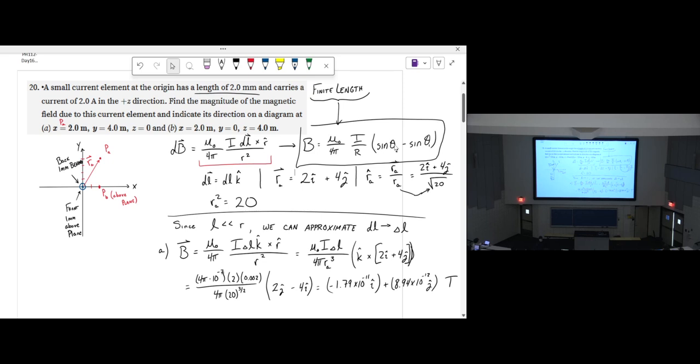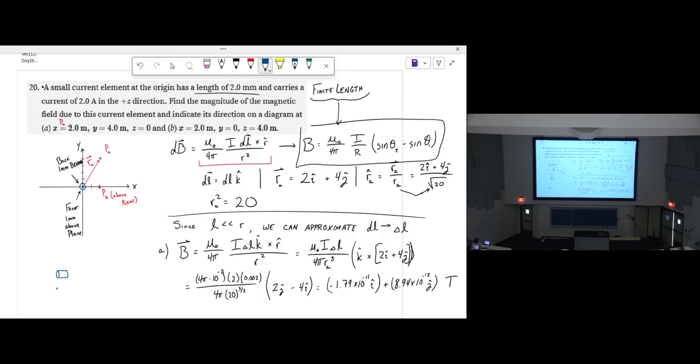It would have been hard. I mean, you could have figured out what sine theta 2 and sine theta 1 were. You would have had to find the angle between, if I could draw it out, if this is the back of the wire, and this is the front of the wire right here.